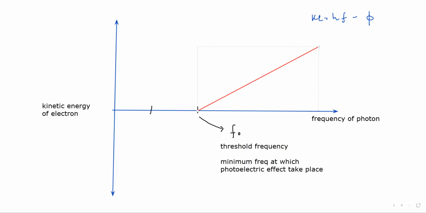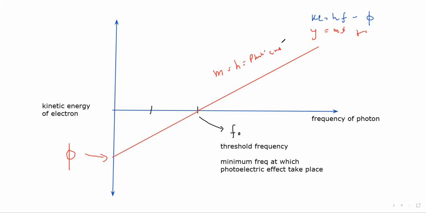And if we extend this line backward and find the y-intercept, this negative y-intercept, when you compare with the equation y equals mx plus c, is showing the work function, the minimum possible energy to remove an electron. And if I find the gradient, that will give me Planck's constant.